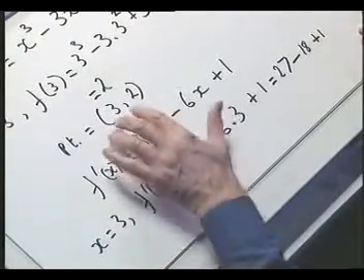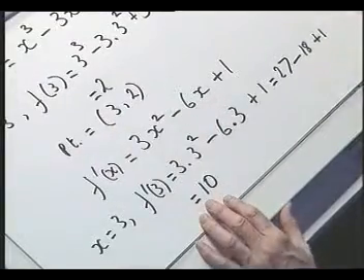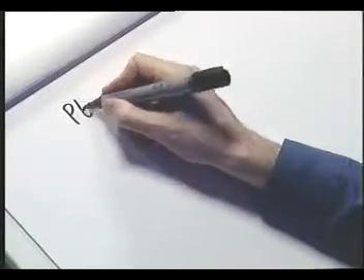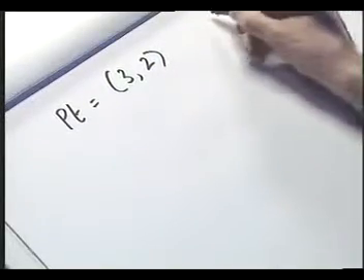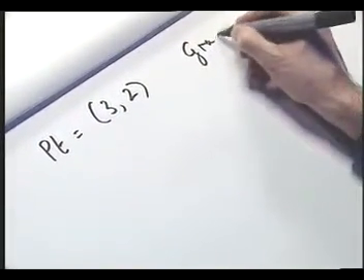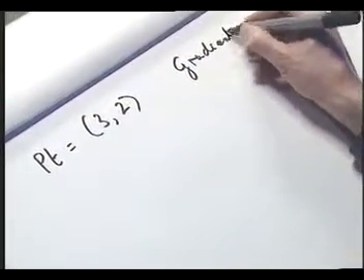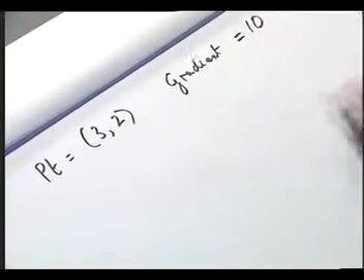And so we've got a point and we've got a gradient. So let's write those things down. We've got our point, which is 3, 2, and we've got our gradient, which is 10.